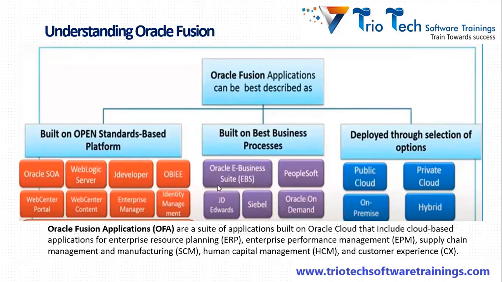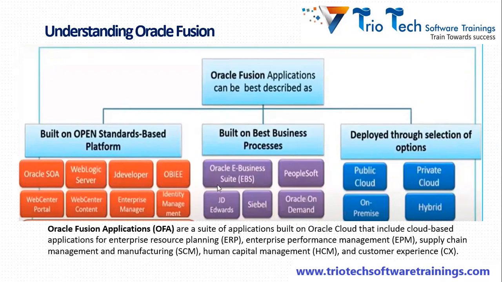Oracle E-Business Suite was the ERP suite in the initial stages when Oracle started with ERP. It was quite popular for financial and accounting applications. Then there was PeopleSoft, a key player providing ERP application services for human resources.